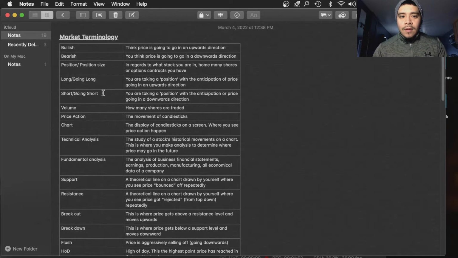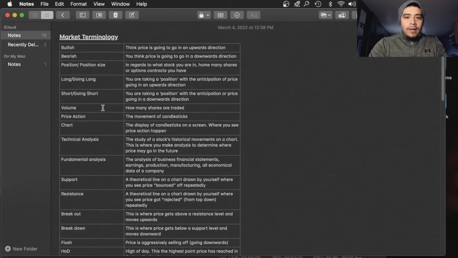You guys can look up how shorting works, but pretty much you borrow shares from a broker and you sell them to somebody. So at $100 you sell them and then you buy them back at 90, you keep that difference, which is 10 bucks. So that's it in the simplest form. You guys can look up Google or other YouTube videos on shorting.